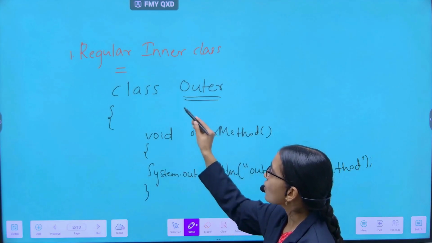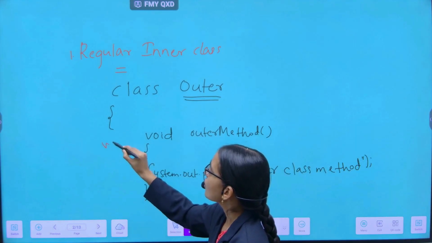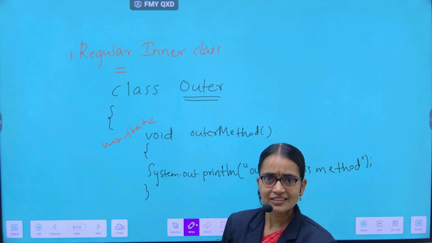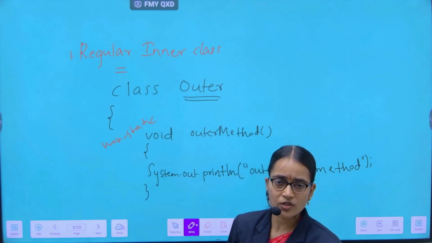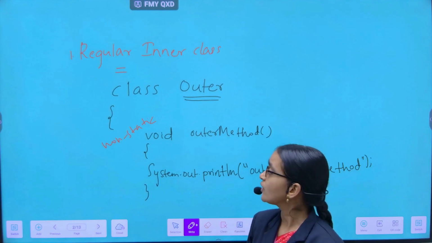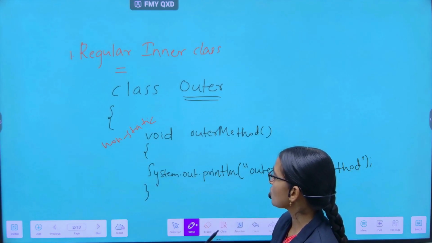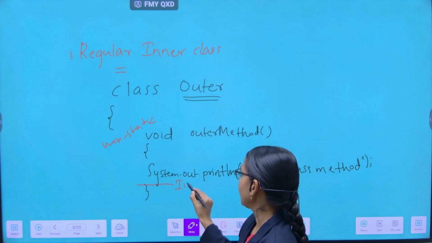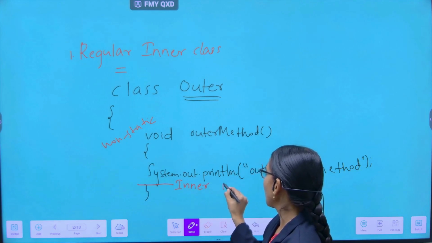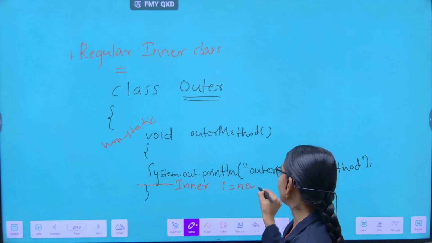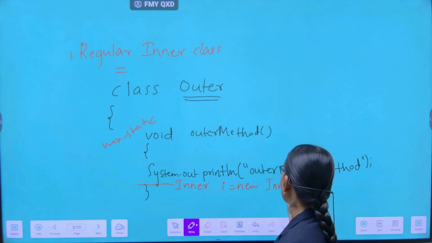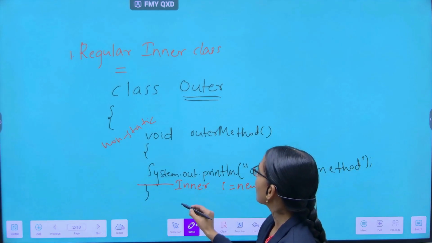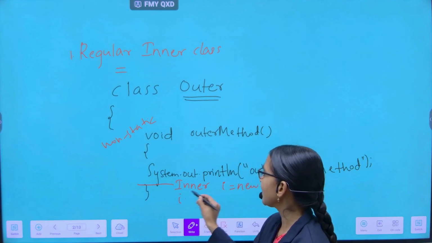So if you see the outer context, this is of non-static type. Non-static in the sense, we can call it an instance way of calling or instance method. So use these two lines of statement, that is, here Inner i equals new Inner(), and then next call its corresponding inner related method.